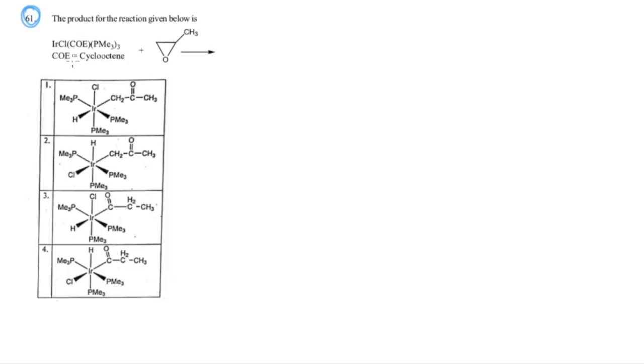So this COE over here is actually cyclooctane. Let's try to work out how this reaction will actually take place. We have iridium, along with that we have Cl, COE, and PMe3 thrice.